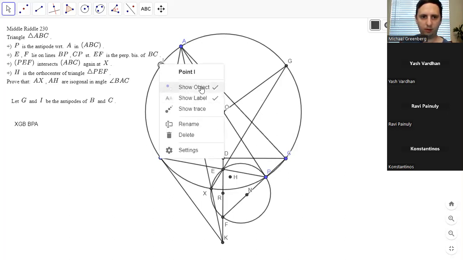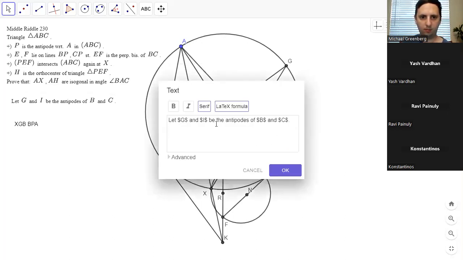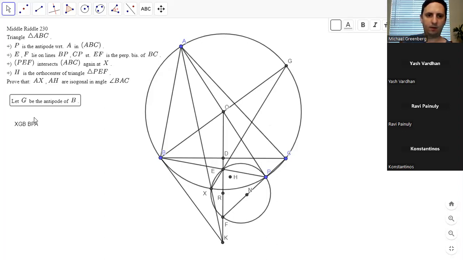Let G be the antipode of B. So by Pascal's, let D be the midpoint of BC.